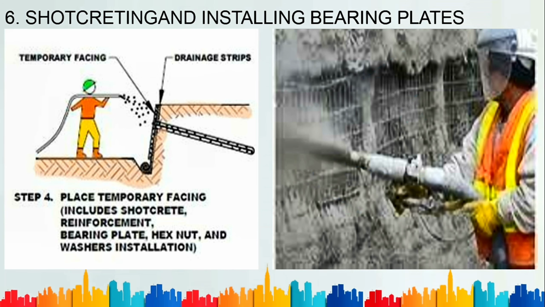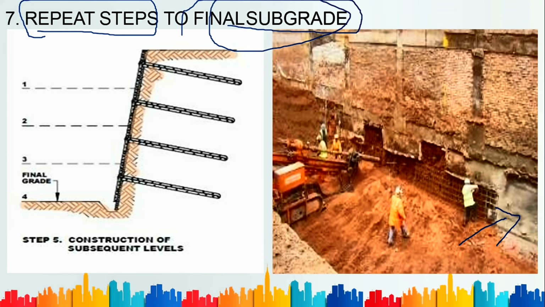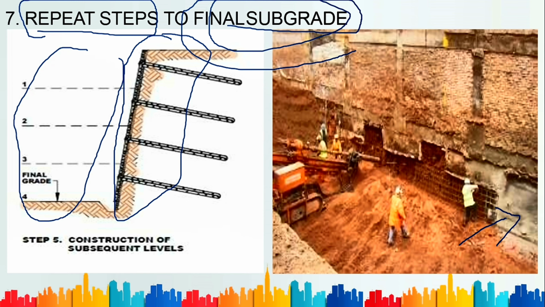Then the steps repeat, and you have the final subgrade layer. This is the entire process of grouting along with the shotcrete method. After that, I have the stabilized soil here, and I start my construction work here.